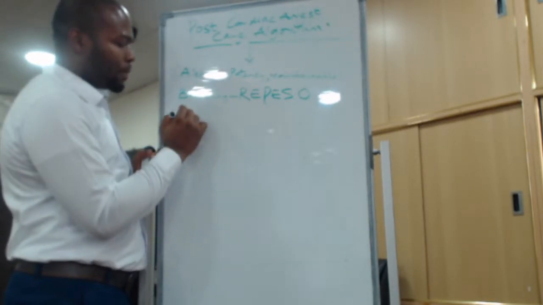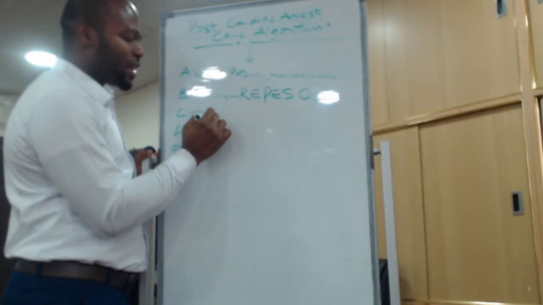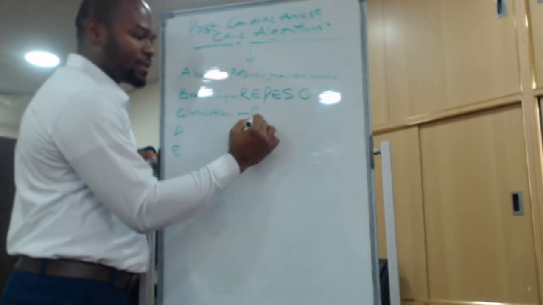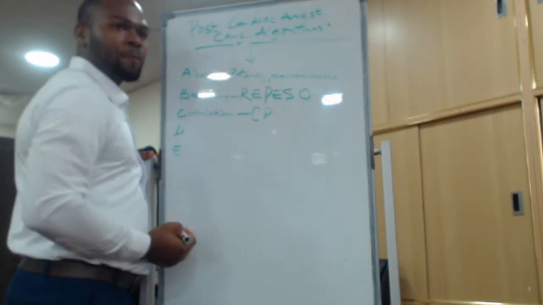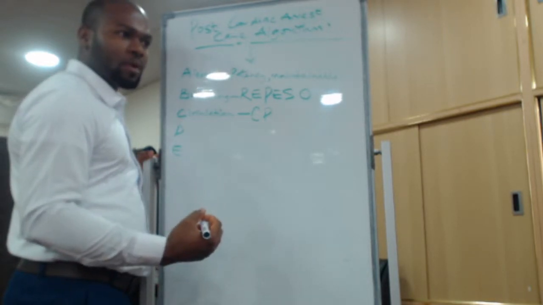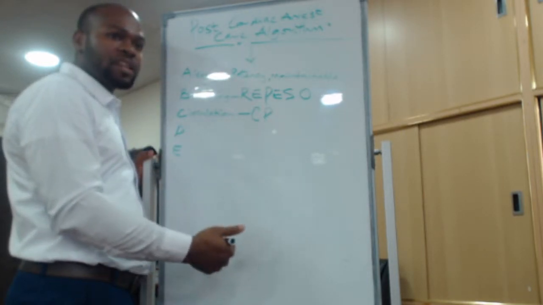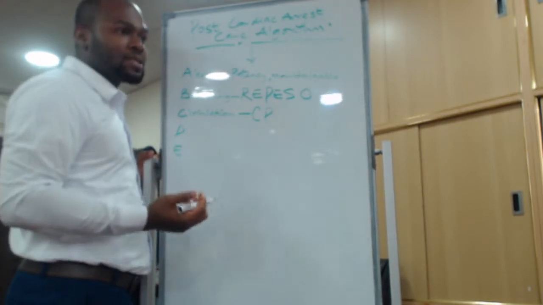What about C? Circulation. What are you looking out for in circulation? The color, the pulses, both peripheral and central pulse. Are they equal, or do we have a weak peripheral pulse on this patient and a bounding or strong central pulse?